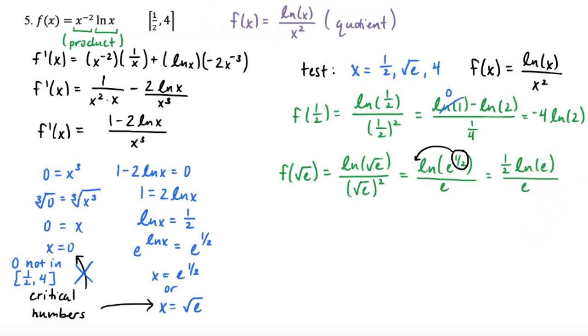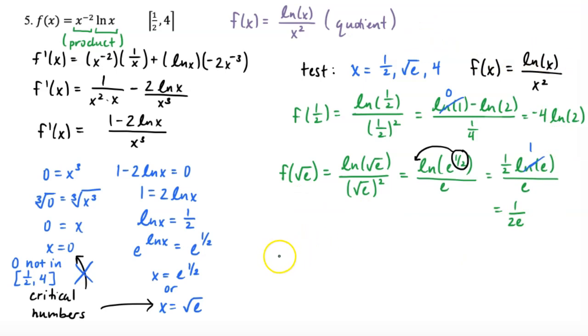And I remember that the natural log of e, because these guys undo each other, is just 1. And now I have 1/2 times 1 divided by e. So 1/2 divided by e is the same as 1/2e. So this is f of the square root of e.